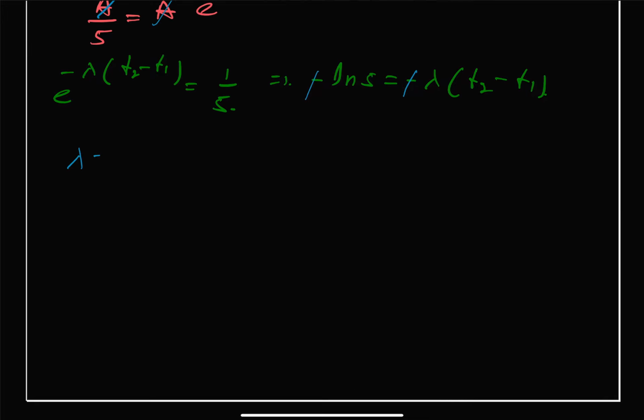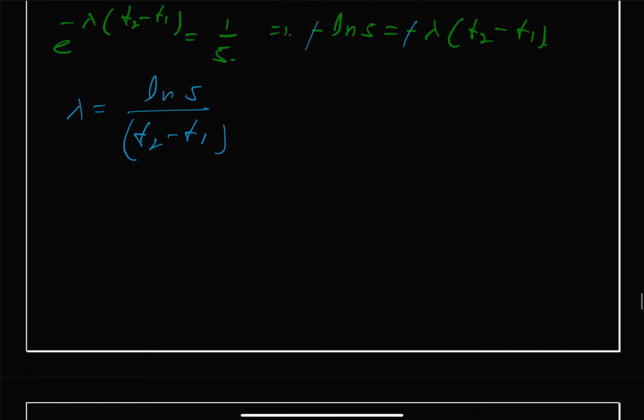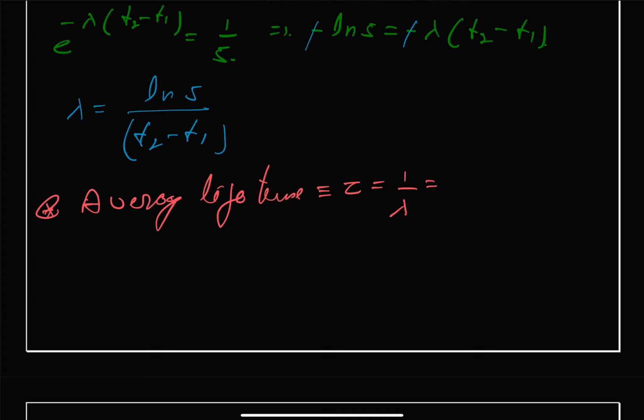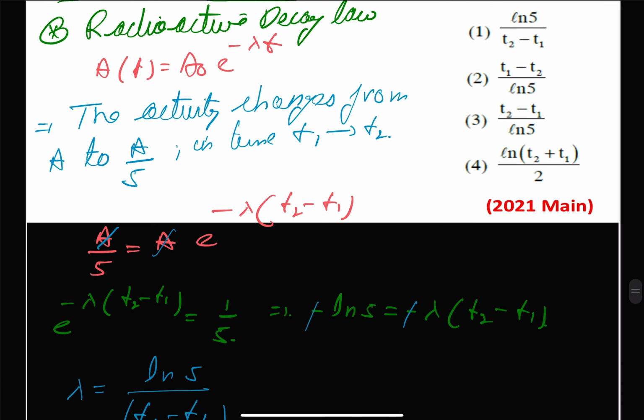Therefore, lambda will be equal to natural log of 5 over T2 minus T1, and we know that our average lifetime tau will be equal to 1 upon lambda, and this comes as T2 minus T1 over natural log of 5. So option 3 is correct.